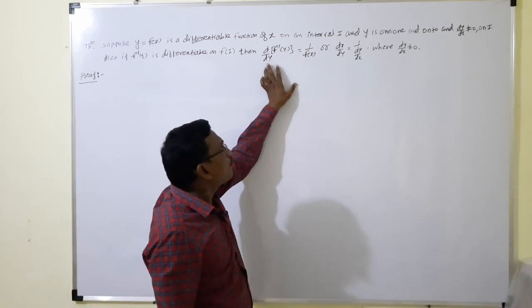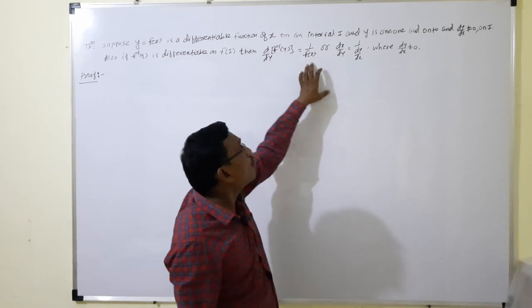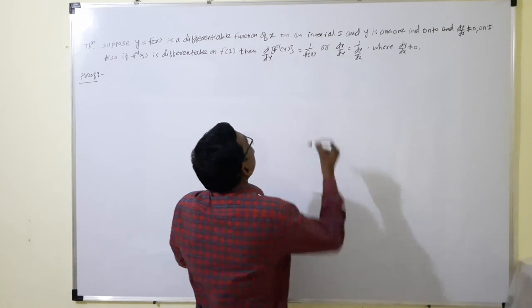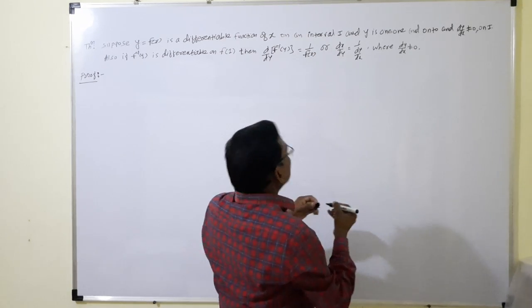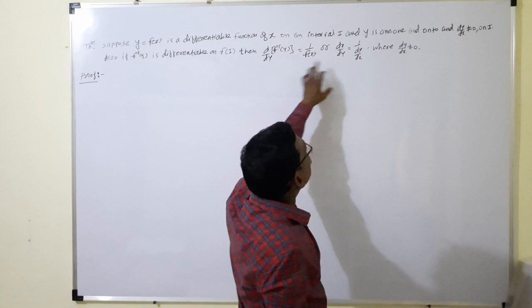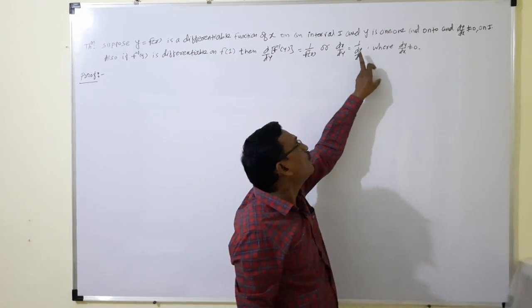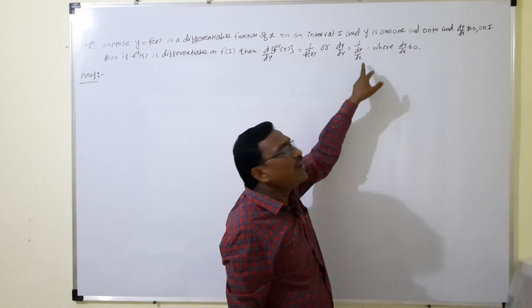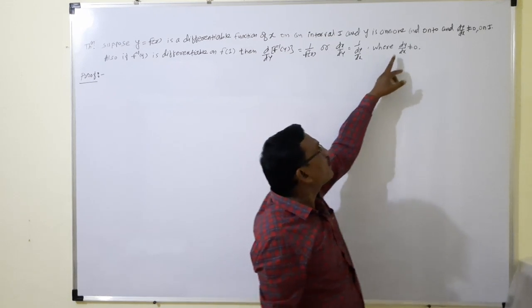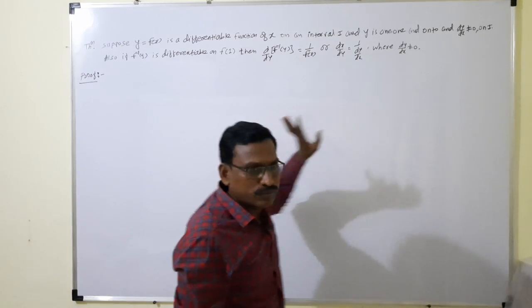The derivative of f inverse of y with respect to y is equal to 1 upon f dash x. That means the derivative of x with respect to y is equal to 1 upon dy by dx, where dy by dx is not equal to 0.